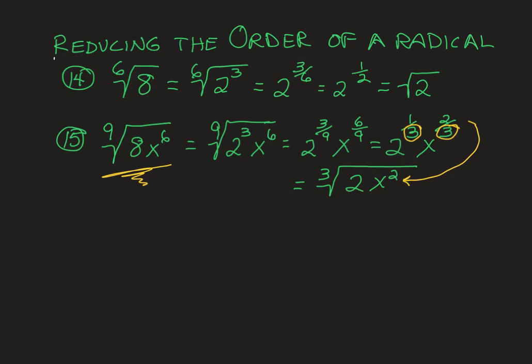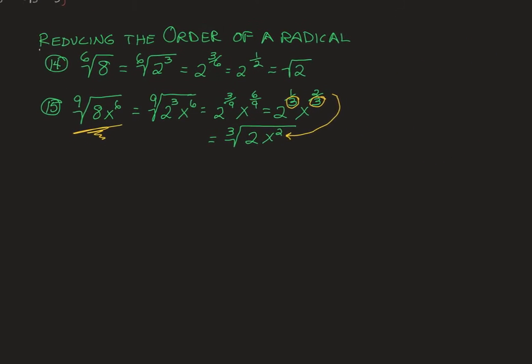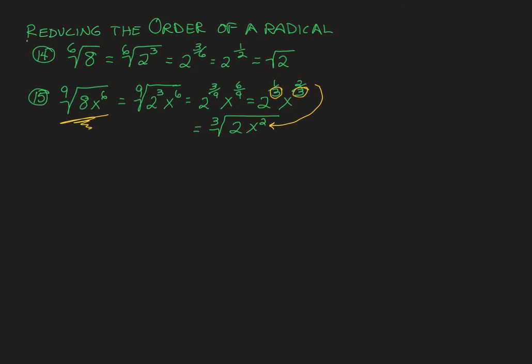All right, let's do one final, slightly more complicated example. So let's kind of move this out of the way. And let's go with number 16. Okay, still reducing the order of the radicals, so I think I'll stick with blue. What color is this? Green.